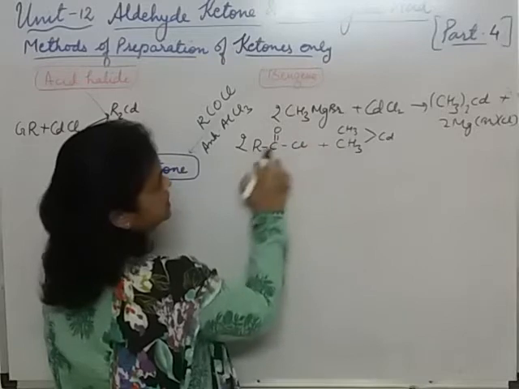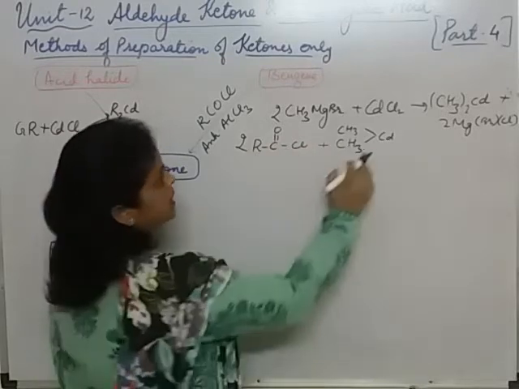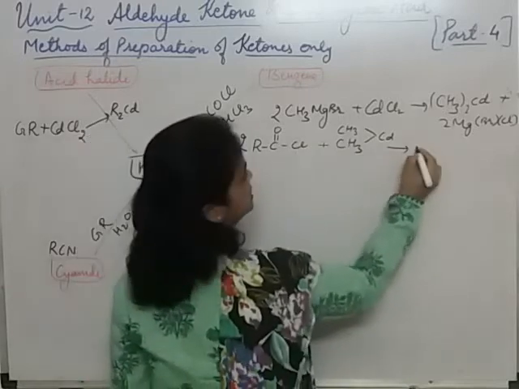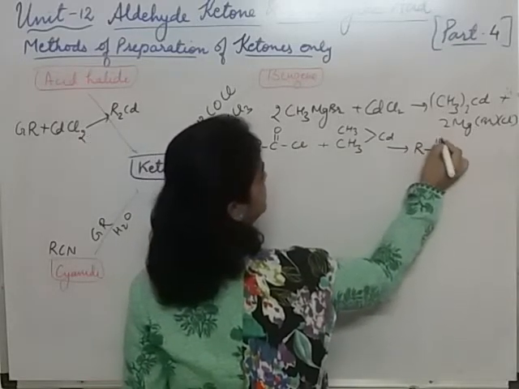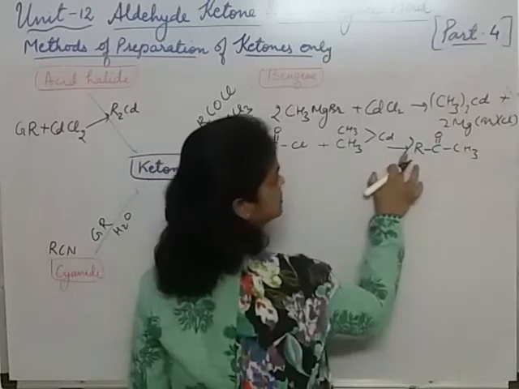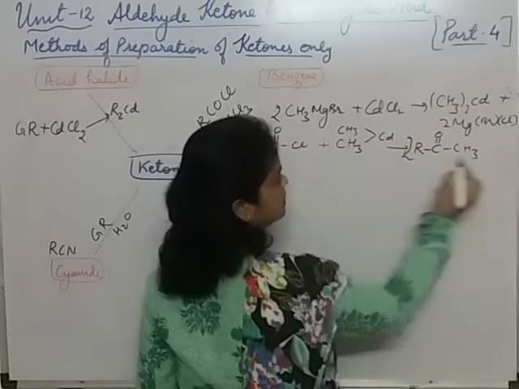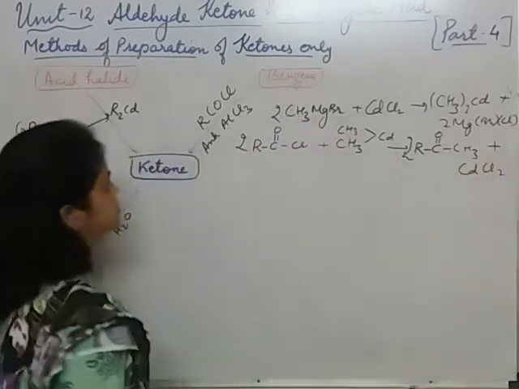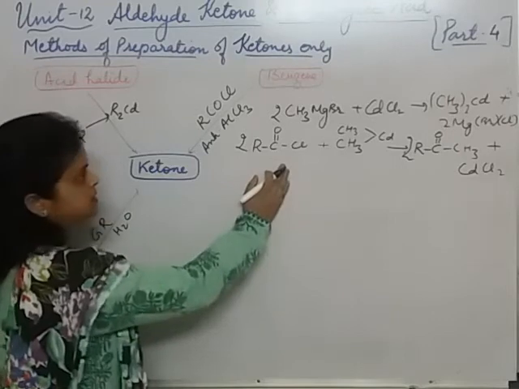RCOCH3, 2 moles, along with cadmium chloride formed as a side product. Okay, so here we can prepare ketones by acid halide.